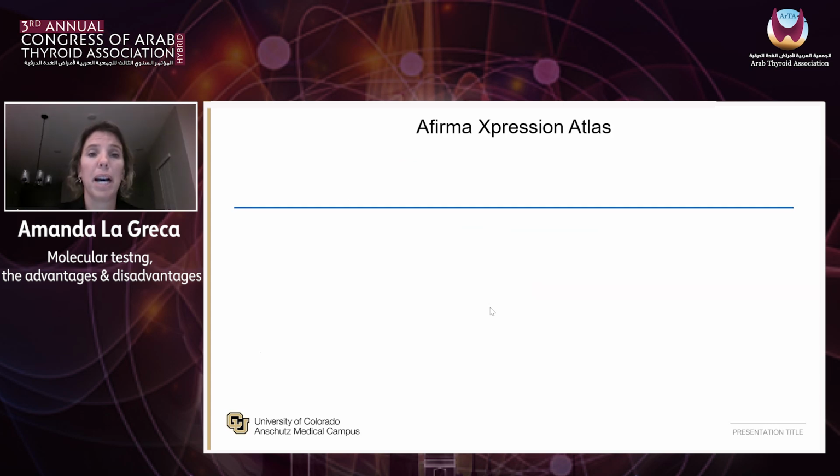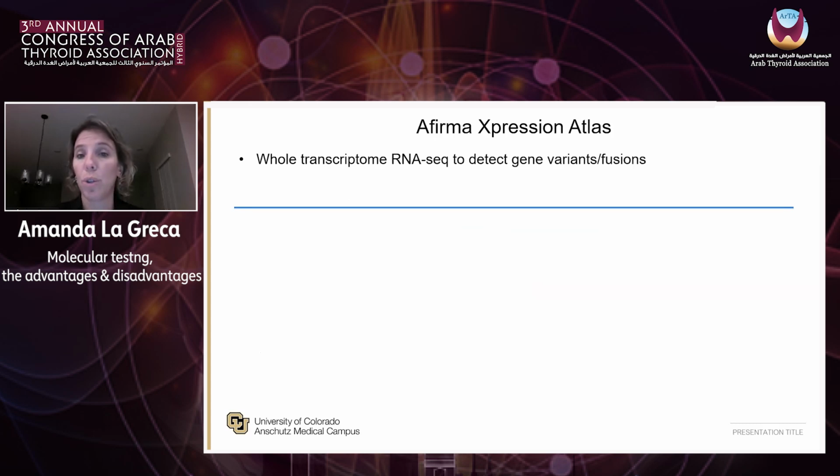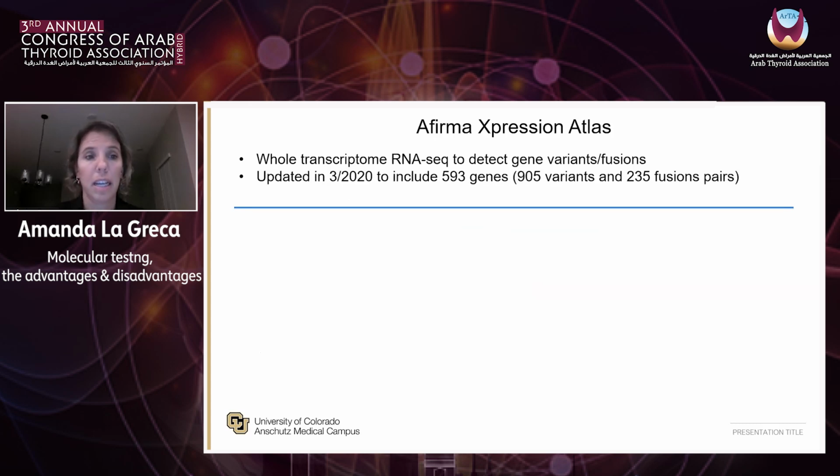So what is the Afirma Expression Atlas? It's a whole transcriptome RNA sequence to detect gene fusions and variants. It was updated in March of 2020 and included 593 genes, which included 905 variants and 235 fusions.